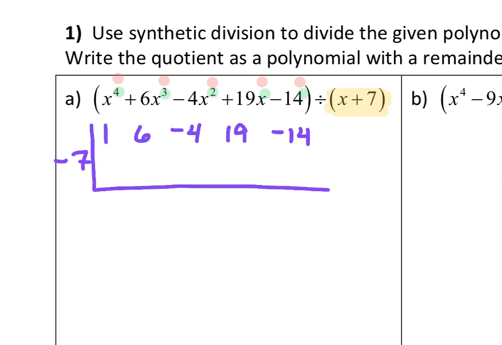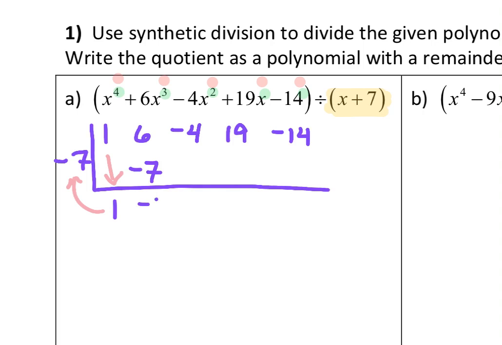And so you take that first number and you don't do anything to it, you just bring it down. And so I'm going to bring down the 1, then I multiply 1 times -7, and I write the answer, which is -7 here, and then I'm going to add down the column.